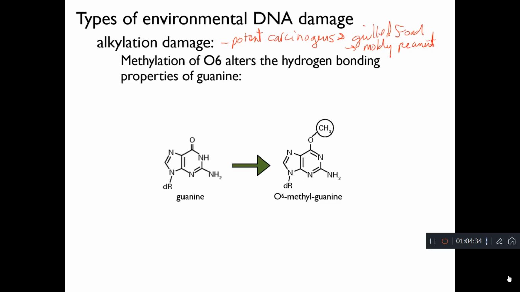The simplest alkylation, and the one I'm going to show you for simplicity's sake, is of course methylation. All right, so methylation. And this is true of alkylation in general. It can occur at a variety of different positions on bases, at both nitrogens and oxygens. Okay, so we can have methylation occurring on oxygens and nitrogens.